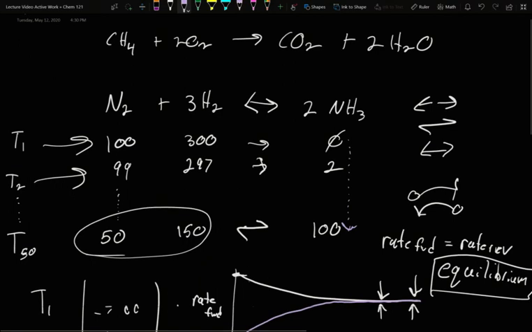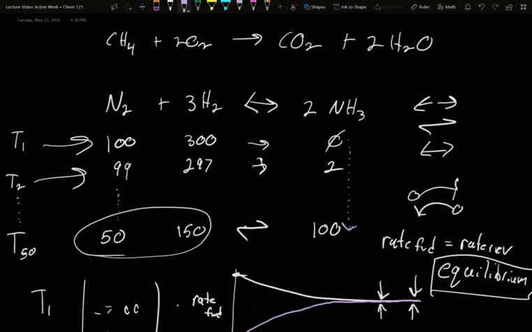You have two competing reactions, starting material going to products and products going to starting materials. As you consume your reagents, you will slow down that reaction. As you produce products, you will speed up that reaction. Eventually, they will be going at the same speed, and when that happens, your equilibrium is achieved.